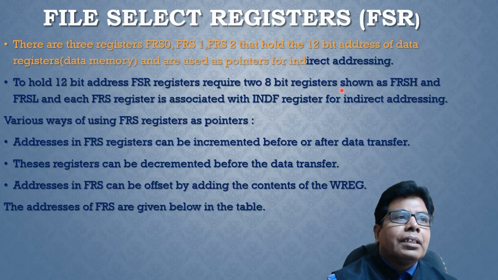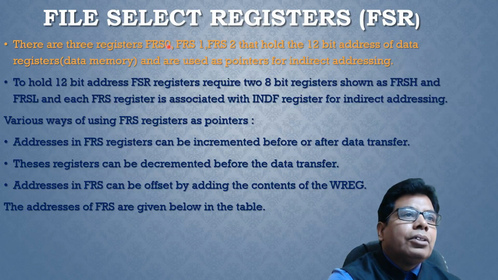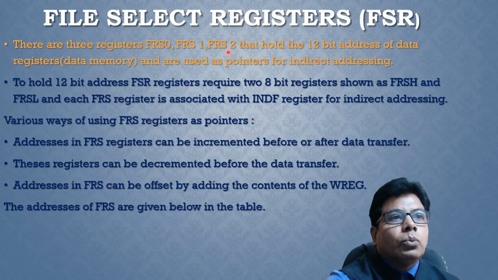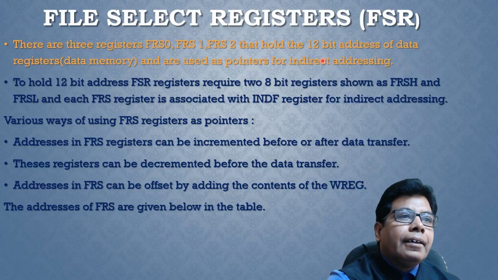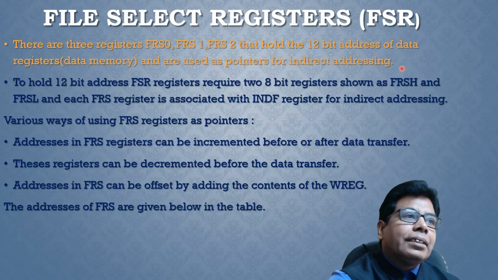Now there are 3 registers, FSR0, FSR1 and FSR2, that hold the 12-bit address of the data registers or data memory and are used as pointers for indirect addressing.